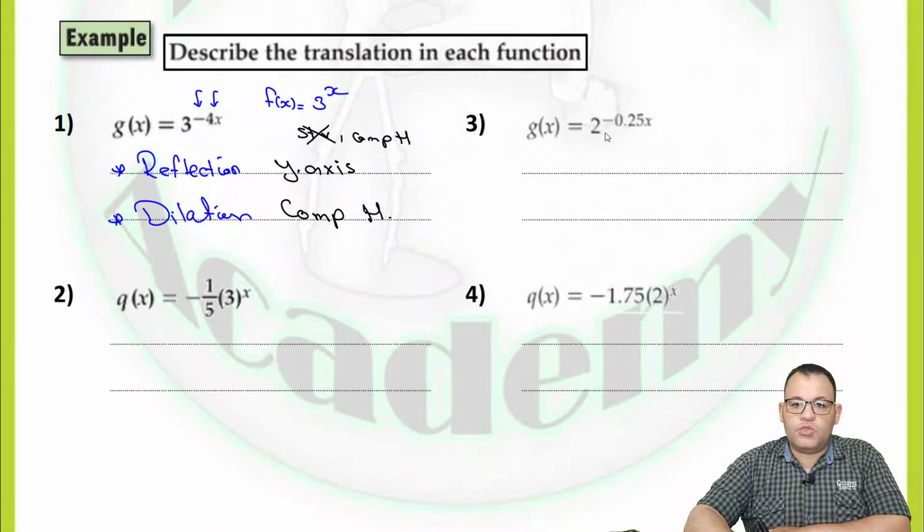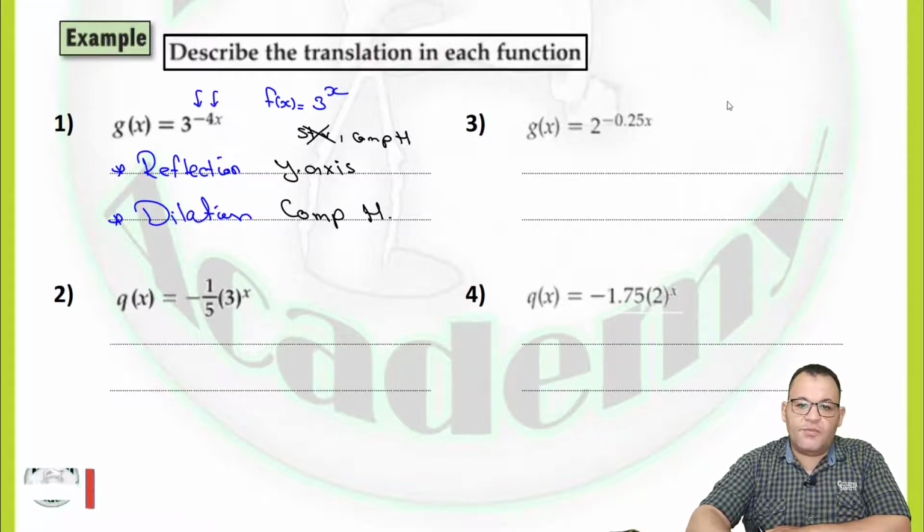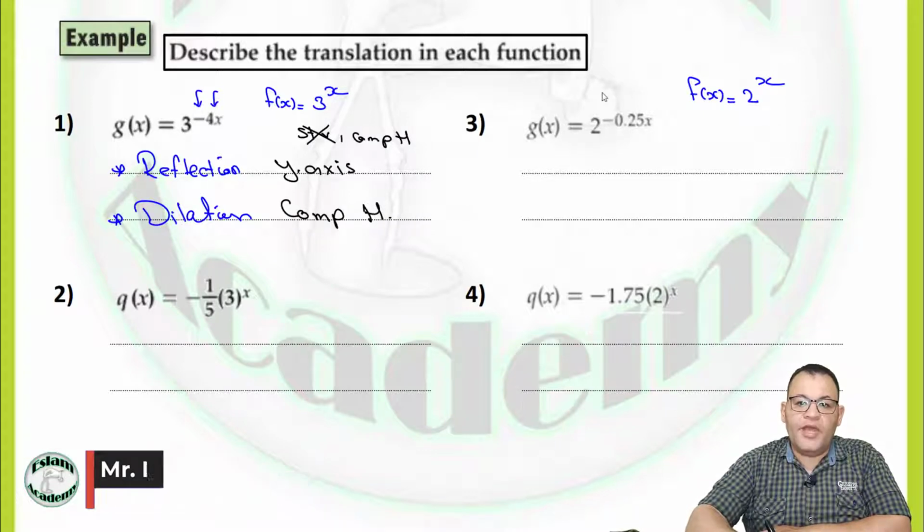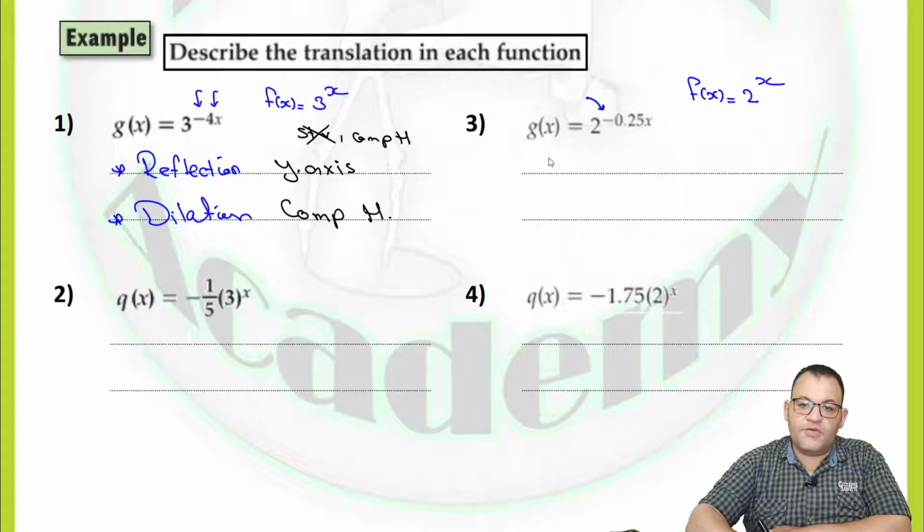g of x equals 2 to the power -0.25x. At the first, we need to find the parent function, which is f of x equals a number raised to the power x. That is the first one. We have two different types of transformation. The first, you multiply by a negative, which is reflection, and the second, you multiply by a number, which is dilation.